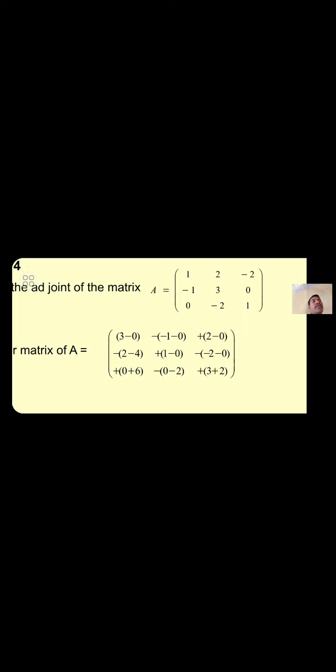See, for the first row first element cofactor, we have to delete the first row and first column, and the first row first element has a positive sign, and its minor is 3 minus of minus 0, that is 3 plus 0 equals to 3. So that is what we have written here.